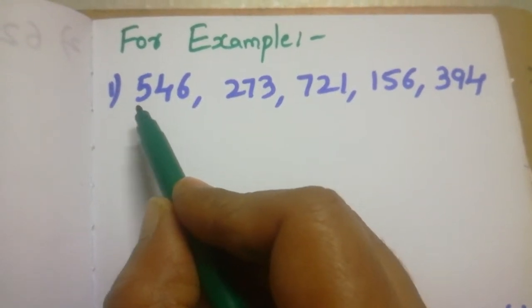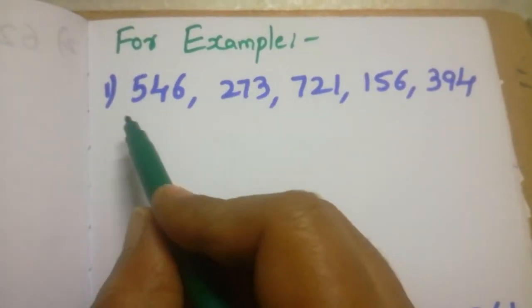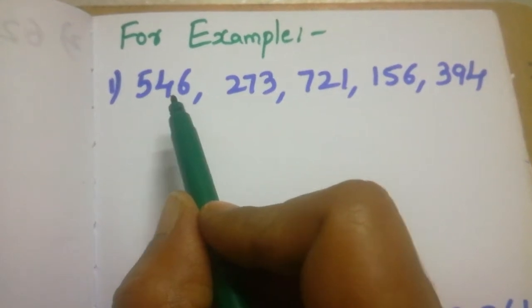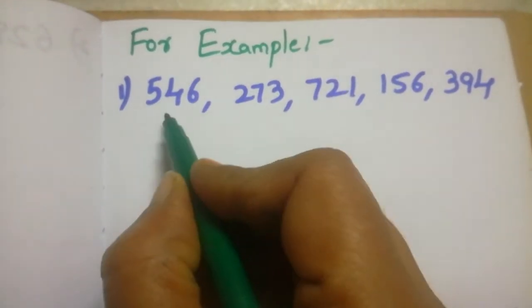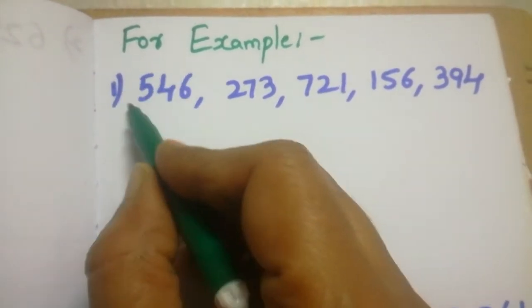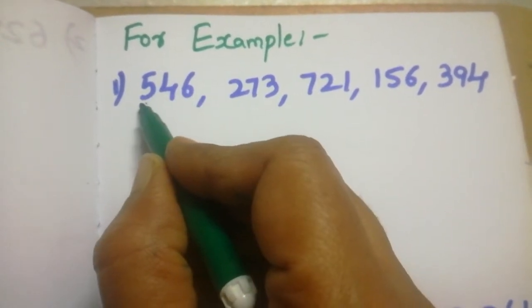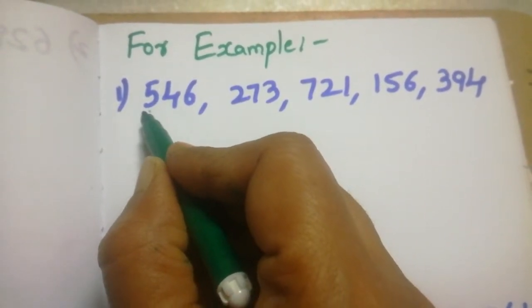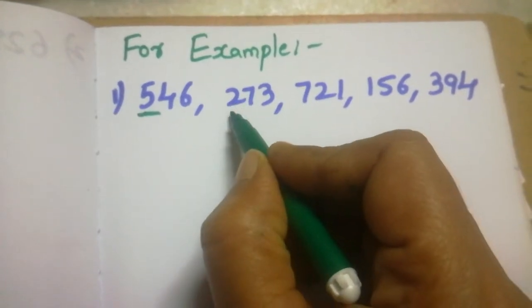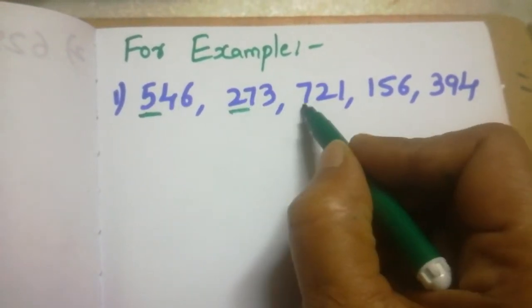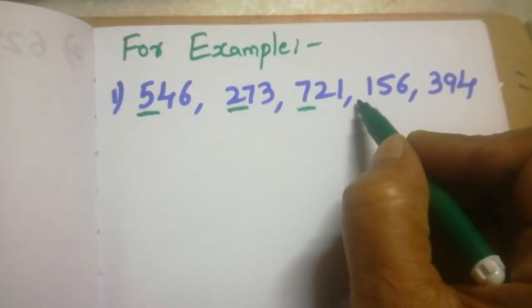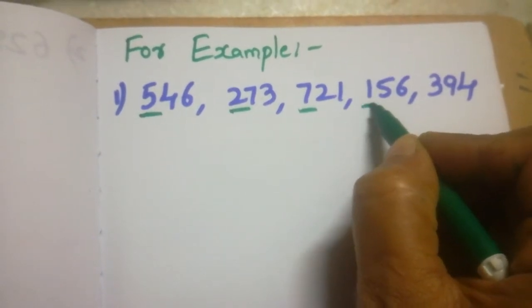First you have to look at the digit in the hundreds place. If you see the first number 546, in the hundreds place we have 5. In the second number we have 2. In the third number we have 7. In the fourth number we have 1.